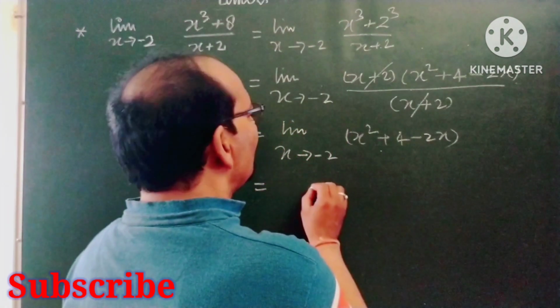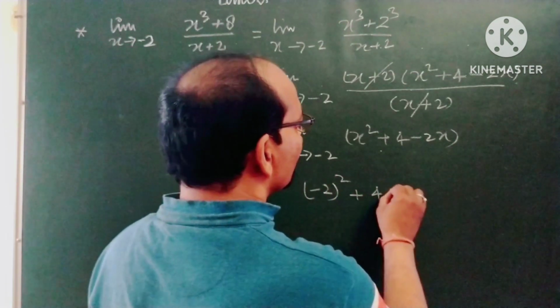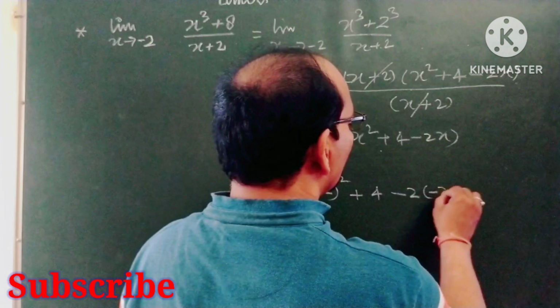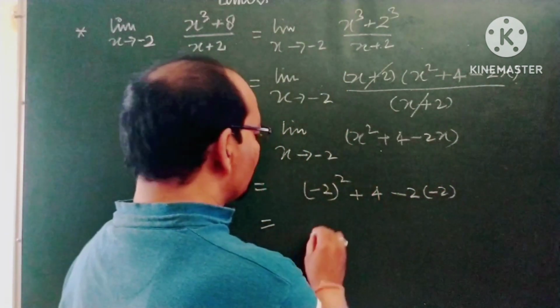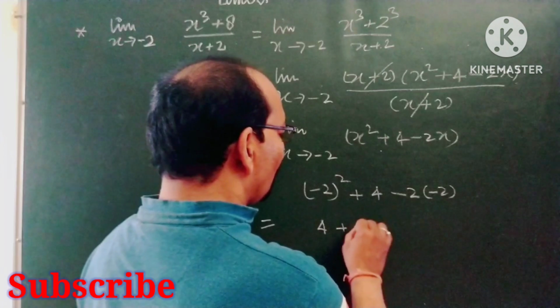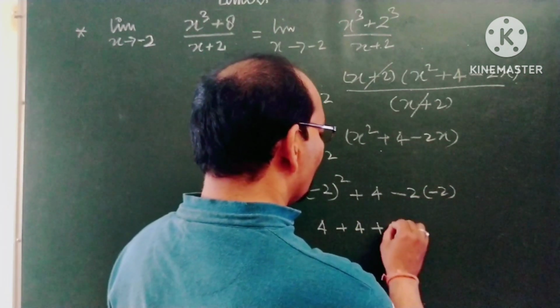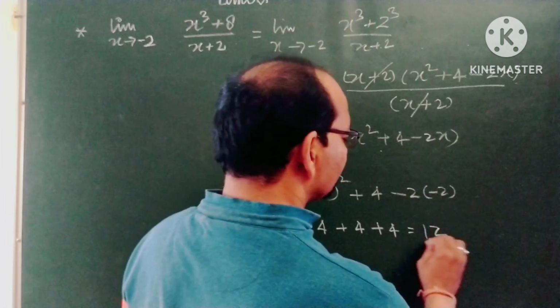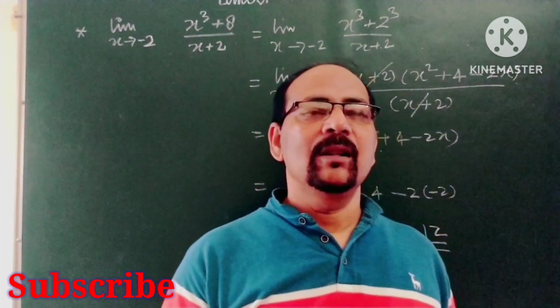There will be minus 2 square plus 4 minus 2 into minus 2, which is 4 plus 4, and minus 2 multiplied by minus 2 will be plus 4, so we get 12. Therefore, 12 is the limit of that function.